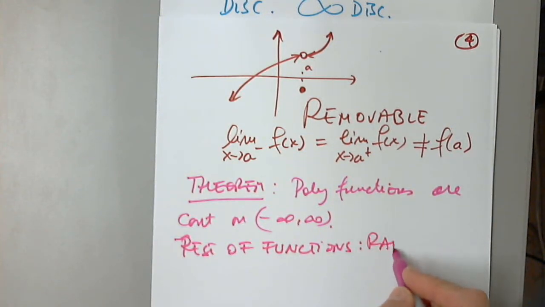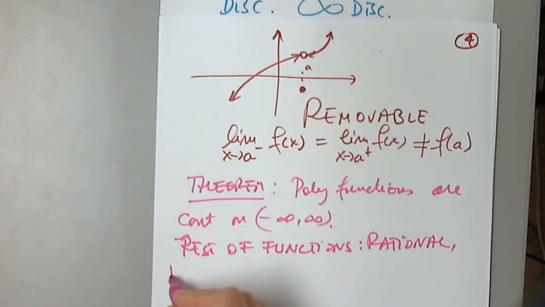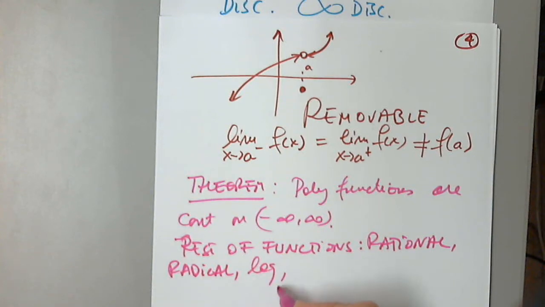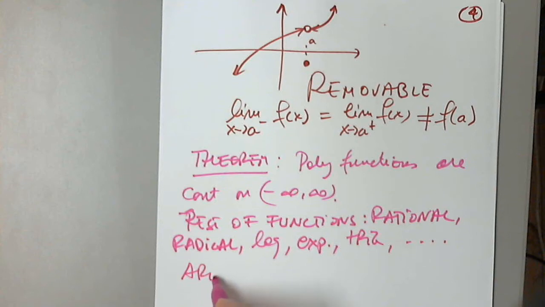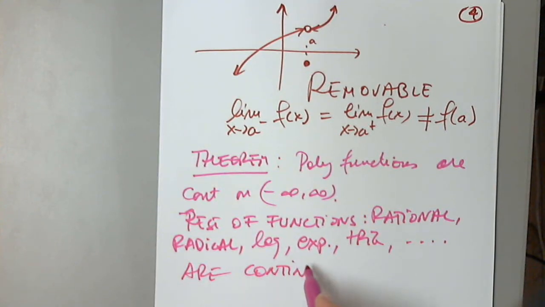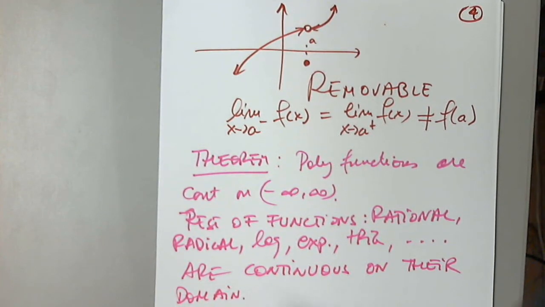Rational, radical, natural log, common log, exponential, trig, all of them are continuous on their domain. They're all continuous on their domain. Polynomial functions are continuous everywhere.